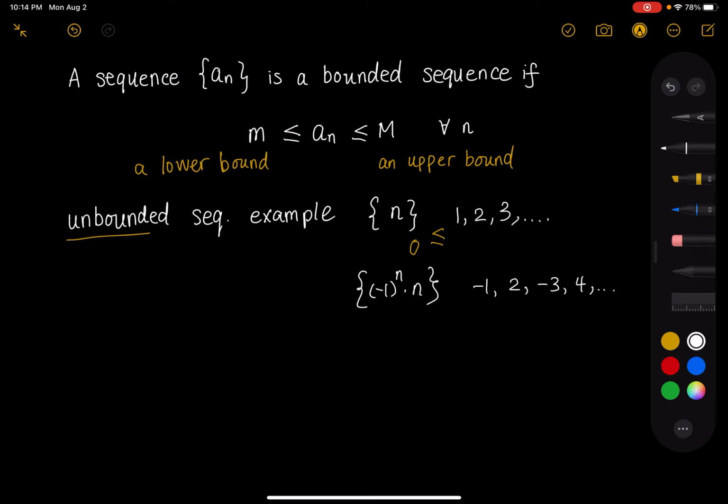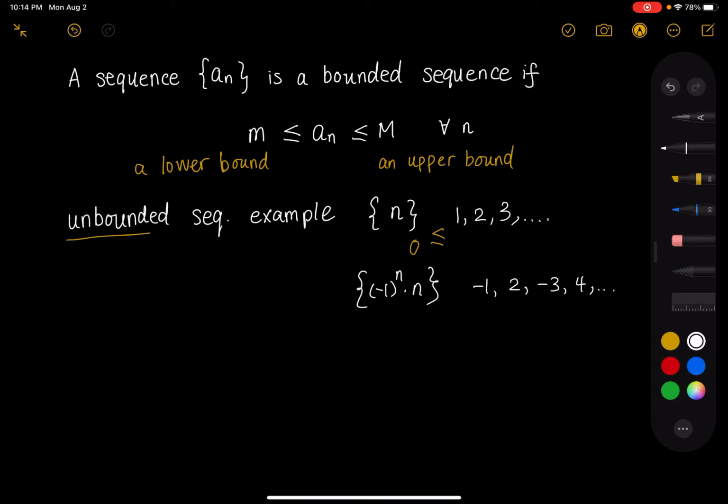It's alternating. So it doesn't have a lower bound because it can go to negative infinity. It can also go to positive infinity. So this one doesn't have a lower bound or upper bound, and it's unbounded. For an unbounded sequence, it just has to fail one of the requirements.